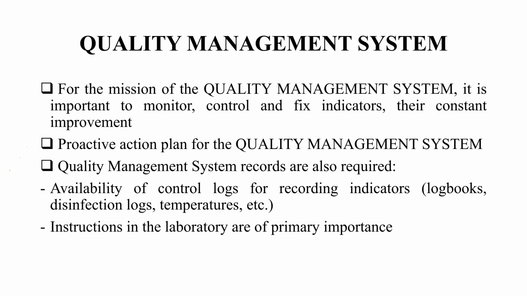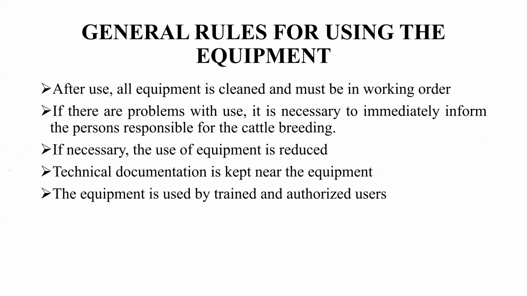A proactive plan helps us become better, but practically it leads to more documentation in the lab: logbooks and journals of disinfection, temperatures, and additional paperwork. And there are instructions in each corner of the lab, because each device in use needs to be supplied with instructions for fixing problems if we have a problem.